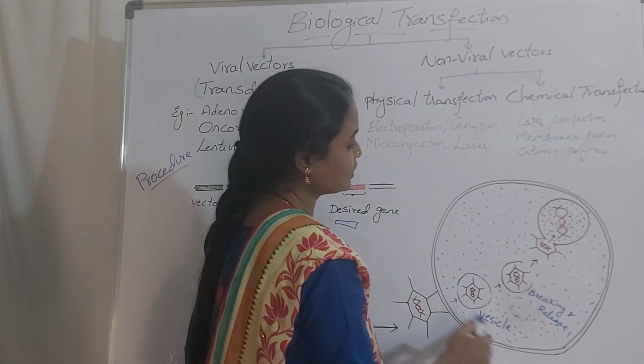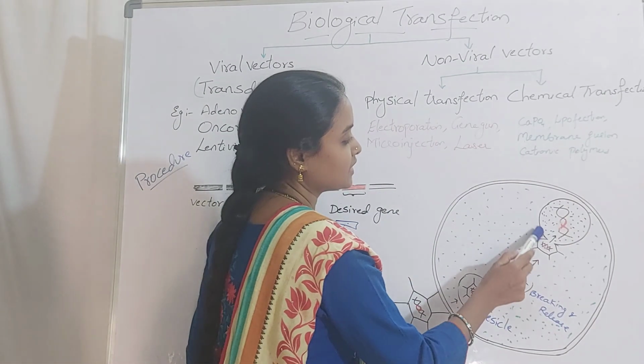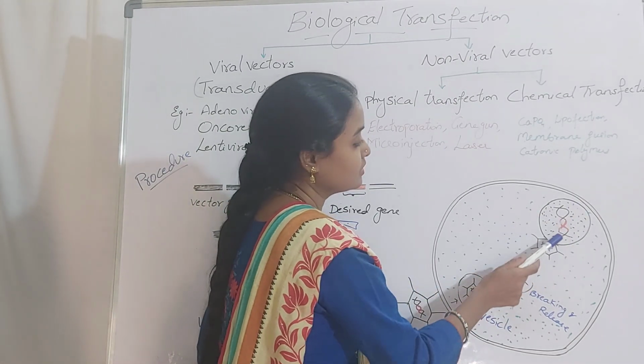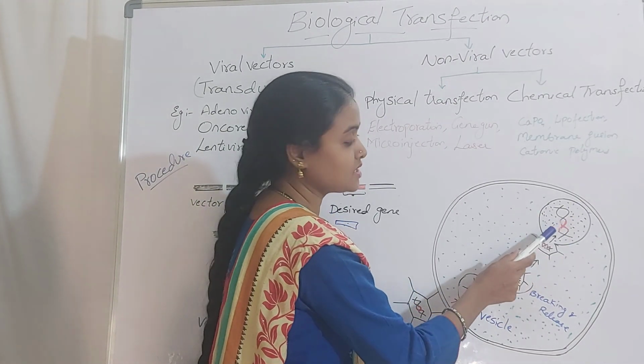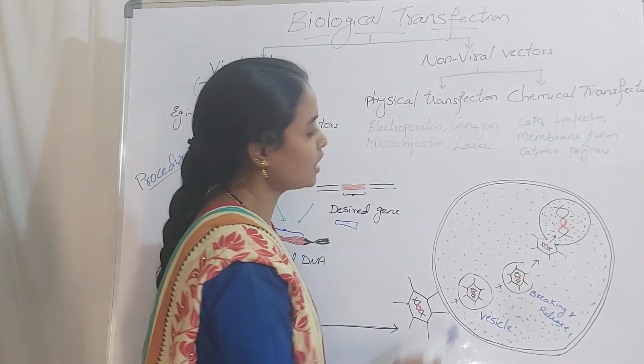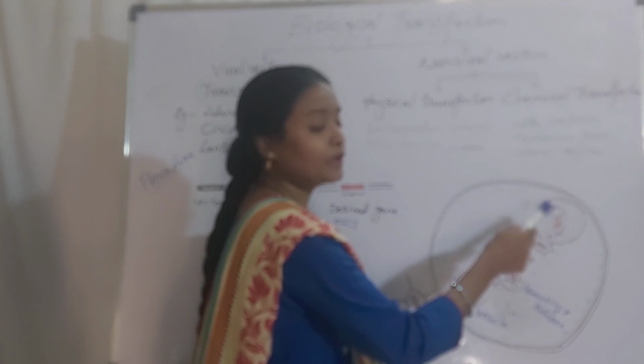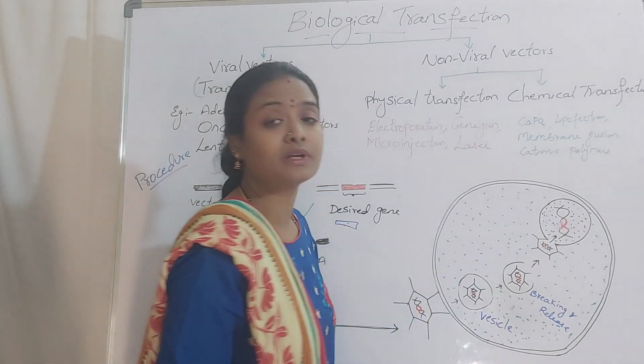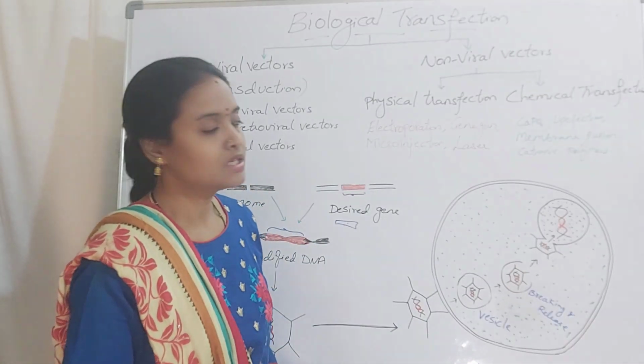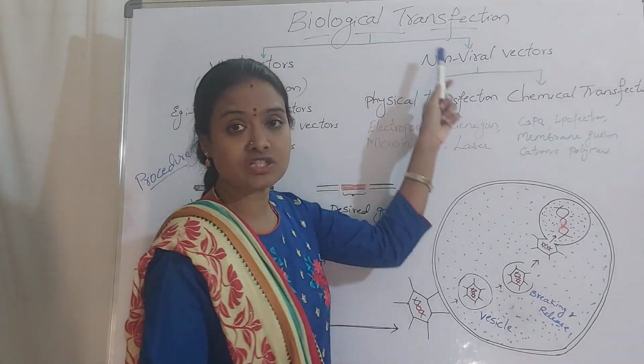So finally you can see the animal cell contains the desired gene of interest in its genome. Now this cell will have the ability to express or produce the protein responsible for that particular gene. This is the biological transfection method.